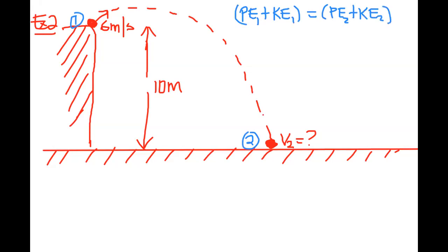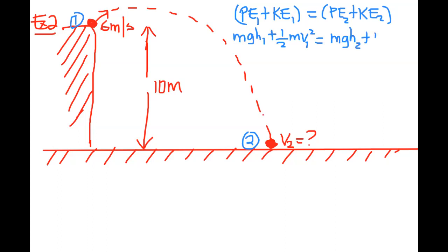Then you write: the potential energy is mgh1, mass times g times height 1, plus 1/2 m v1 squared, velocity at position 1 squared, equal to potential energy at position 2, which will be mgh2, plus kinetic energy.